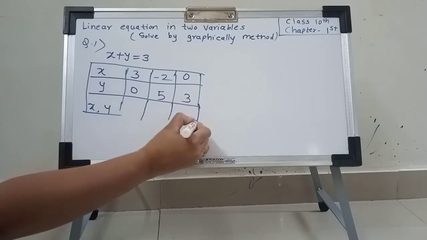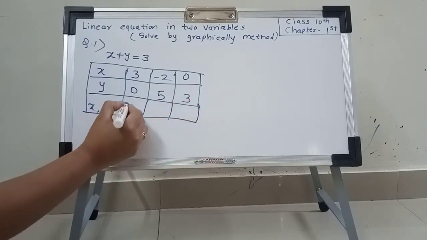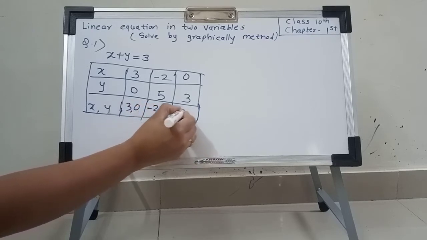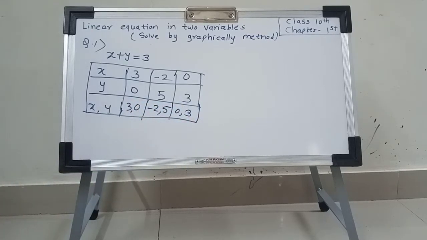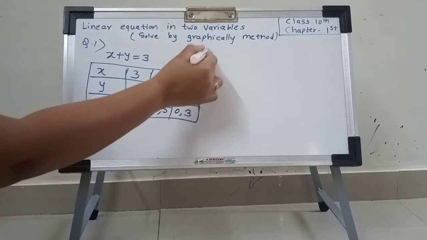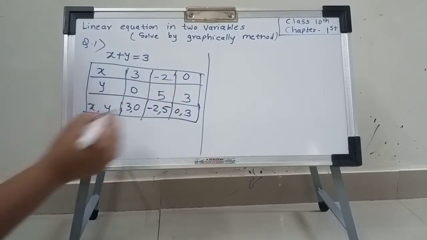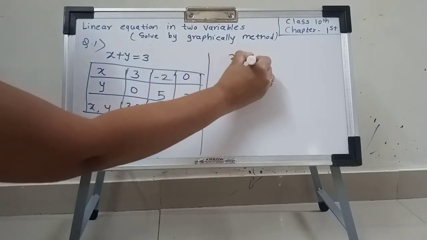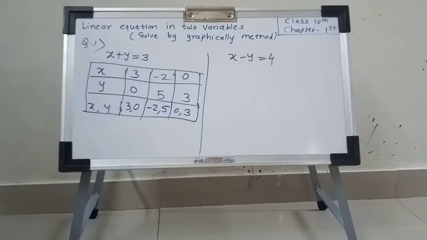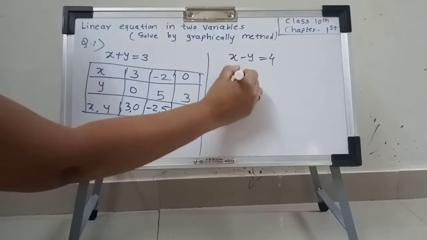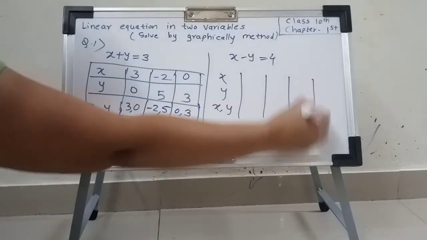We have to plot these points on the graph: 3, 0; minus 2, 5; and 0, 3. Understand? Now we find these points for equation second. What is the equation second? x minus y is equal to 4, with columns x, y, x, y.